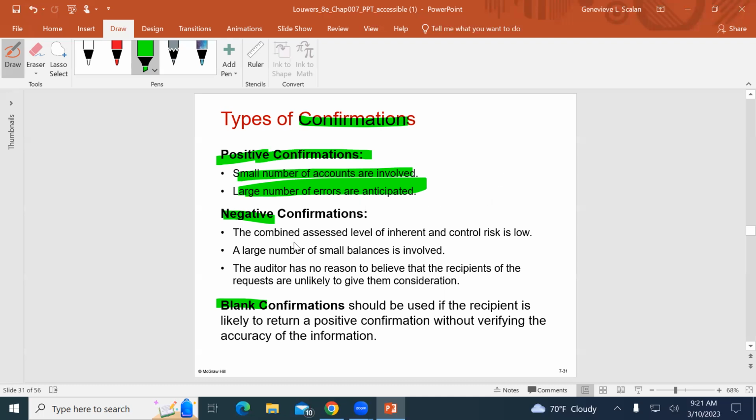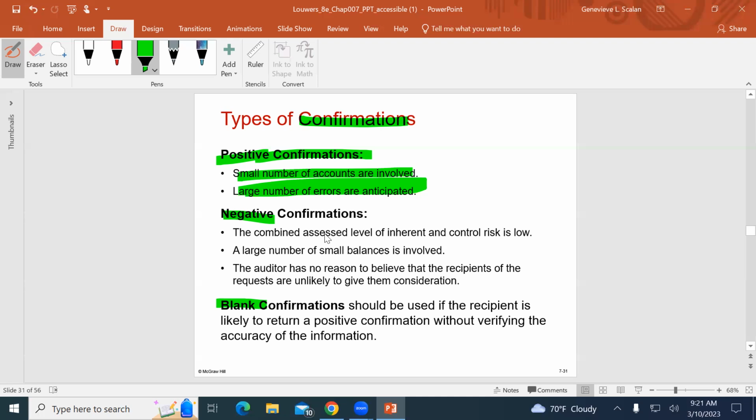Negative confirmation is pretty easy. It means you've contacted your client's customer and said, hey, my client says you owe them $100. If that's true, don't worry about it. Don't do anything. Only respond if that's wrong. So write us back and tell us what your actual balance is.